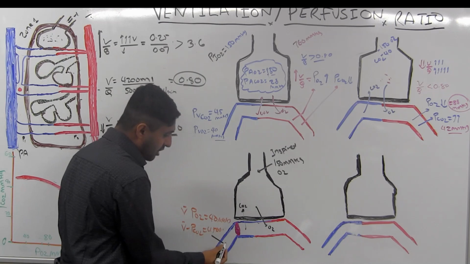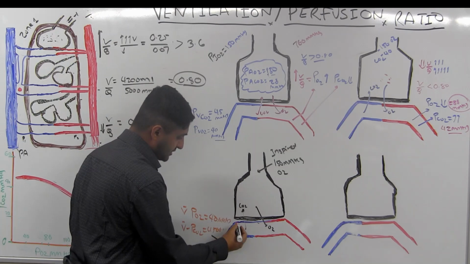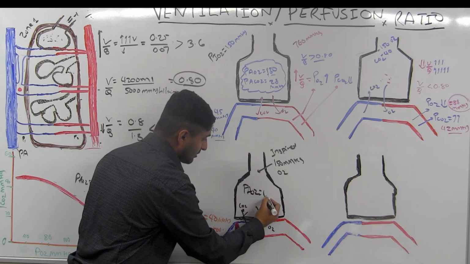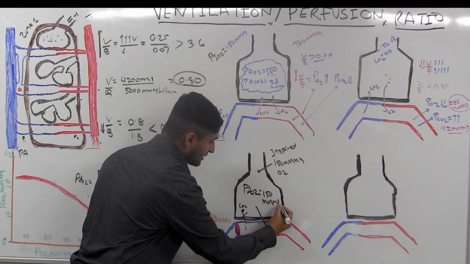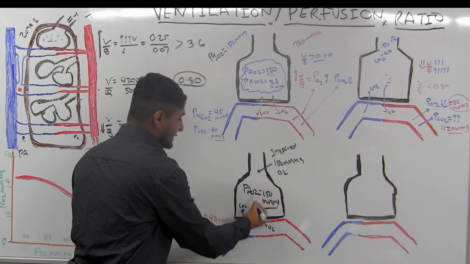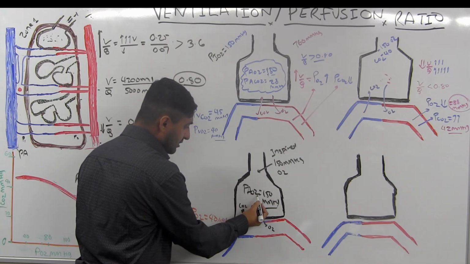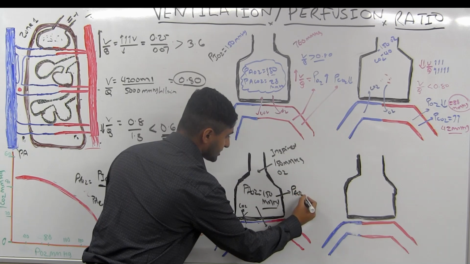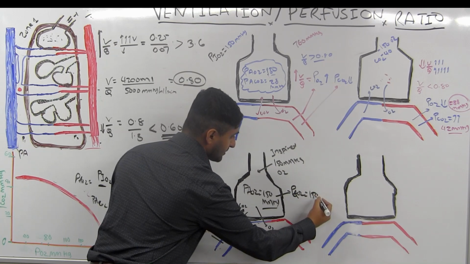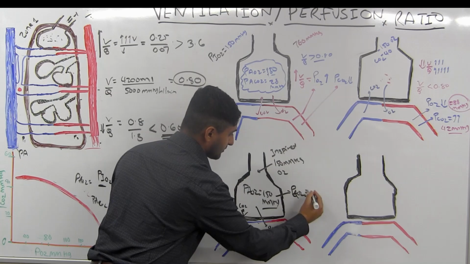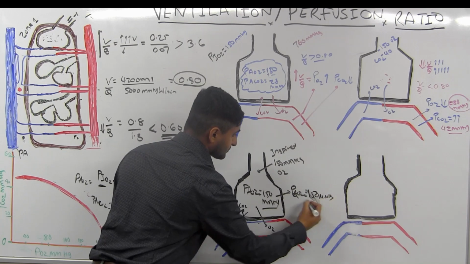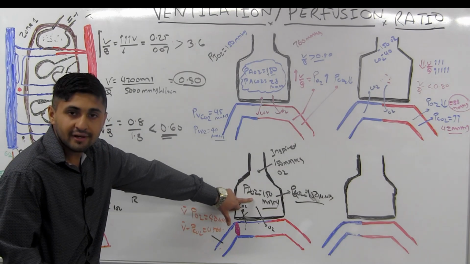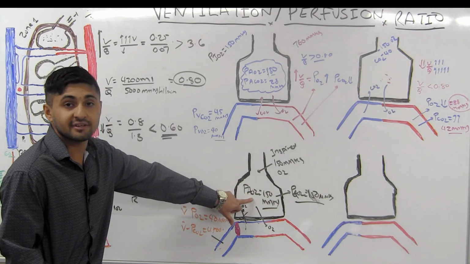But if there is a complete blockage here, then there will be no exchange. This is done. So whatever my alveolar PaO2 is, 150 millimeters of mercury is going to be there. That tells me that the partial pressure of oxygen in this air is going to be 150 millimeters of mercury, which means this much air is going to get wasted, right?